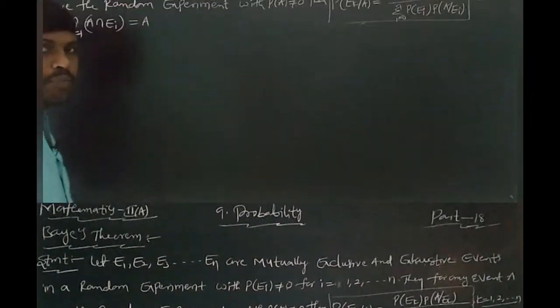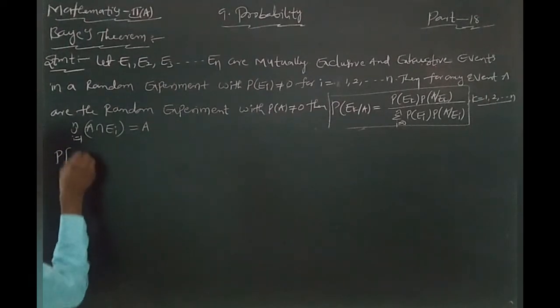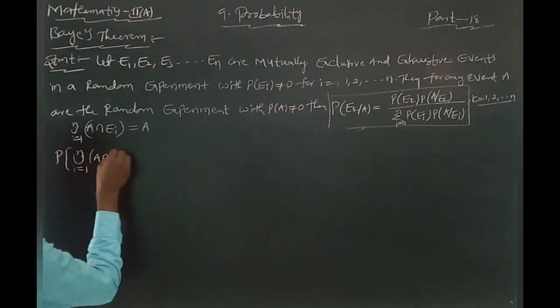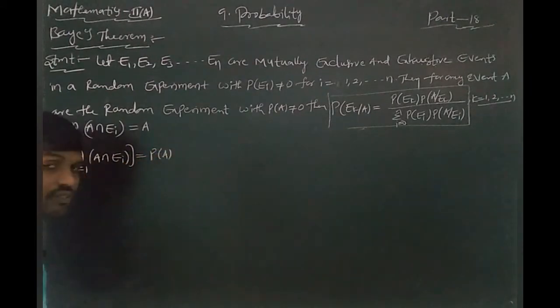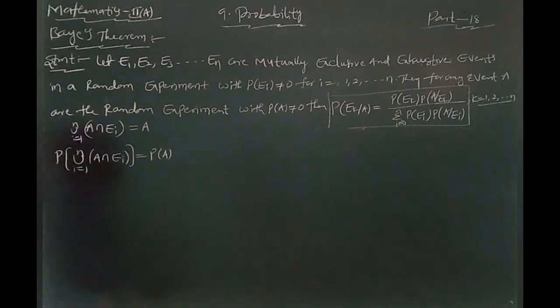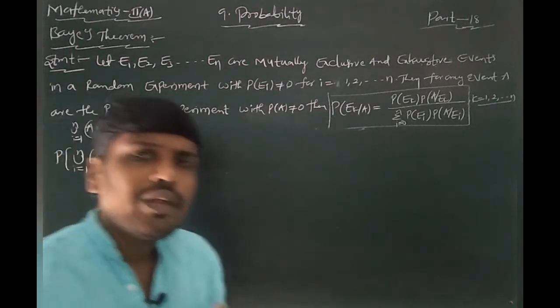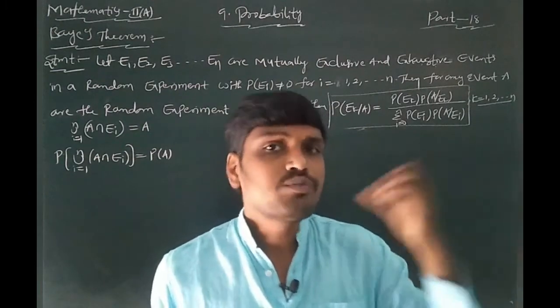Applying the probability function, P of the union of i equal to 1 to n of A intersection E_i is equal to P of A. Probability is applied on both sides. This union of probabilities is nothing but a combination, which is also written as a sum of the terms.